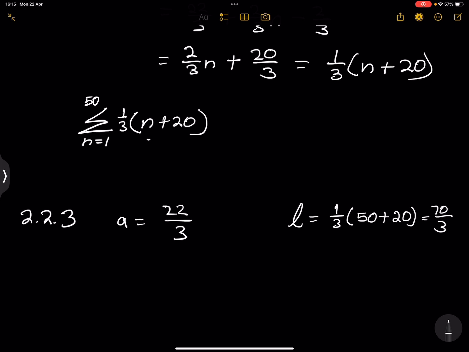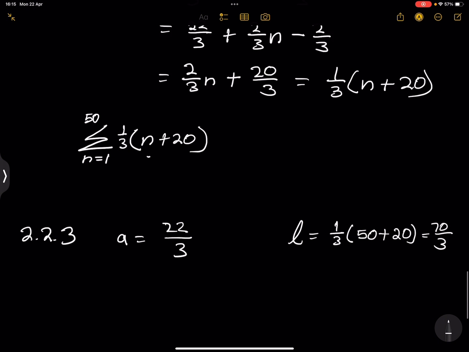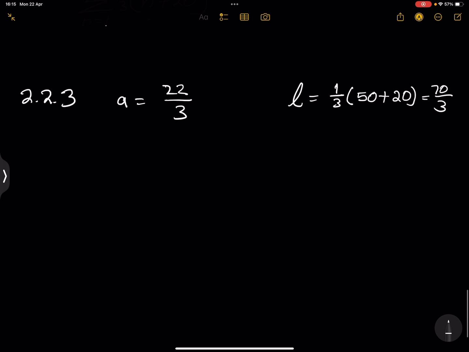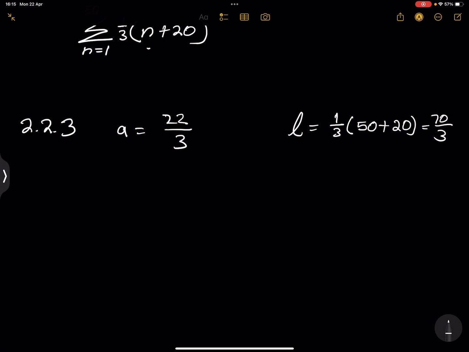Alternatively, what you could have done is just use that formula there, 50 minus 1 times 2 over 3, and you add all of that up. So that's our last term. So for the sum of the first 50 terms, let's write the general formula. This is n over 2 into a plus l. And so what do we get?